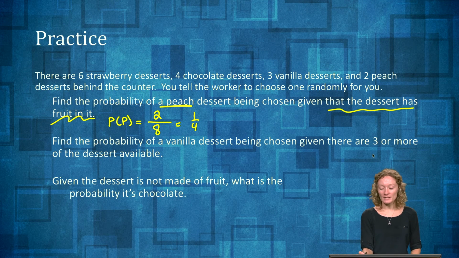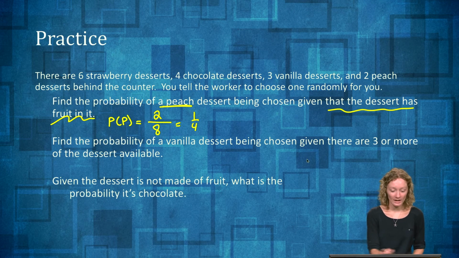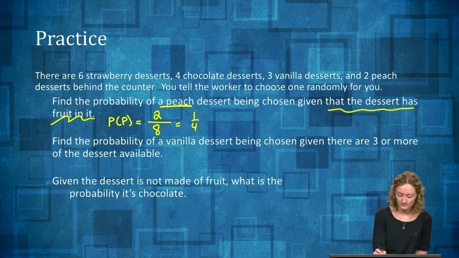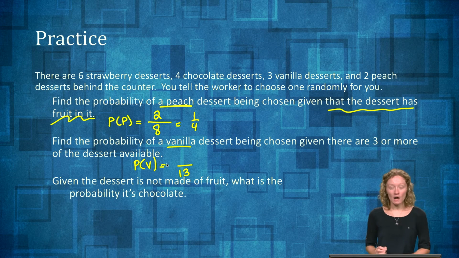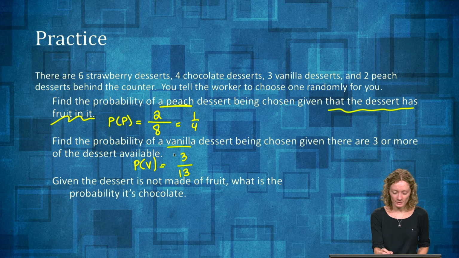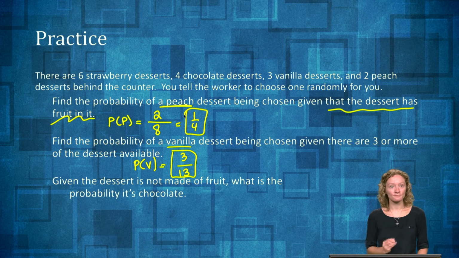So you pick one that has 3 or more of the dessert remaining, which means you're either picking strawberry, chocolate, or vanilla. So 6 plus 4 plus 3, there are 13 options. We want probability of vanilla. Of those 13, how many meet the criteria of being vanilla? 3 of the 13. And it doesn't simplify, so that's it.